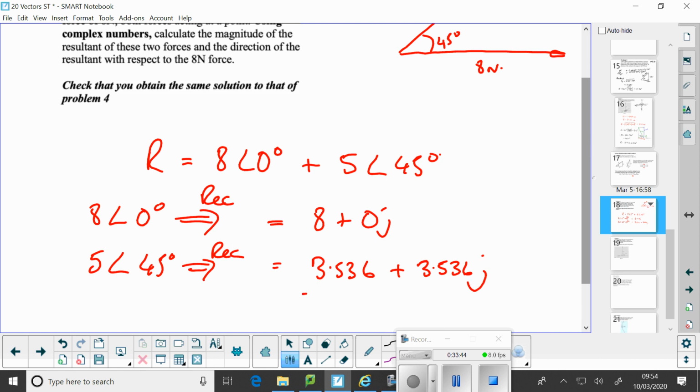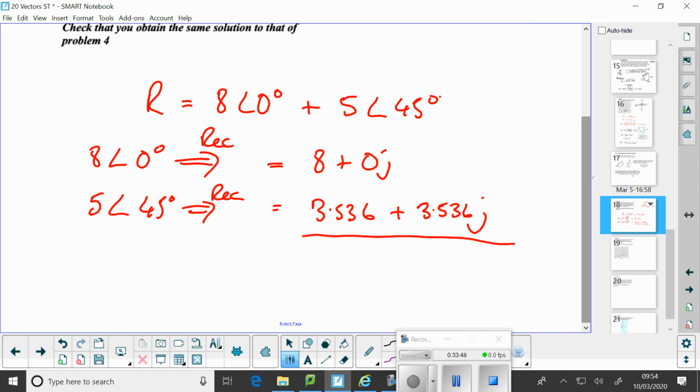So we've got to add those two together. How do we do rectangular addition? Add the real parts and the j parts separately. So we add 8 and 3.536, which makes 11.536, plus 0 plus 3.536j.